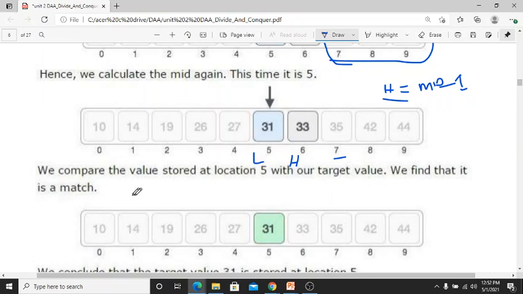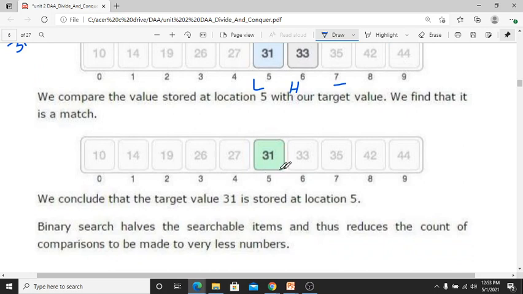We compare the value stored at 5 with our target value. What will happen here? 31 is equal to 31. So whatever we were looking for, we got it. We say 31 is our target, and it is stored at location 5.